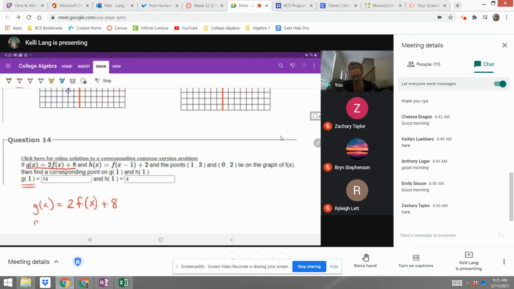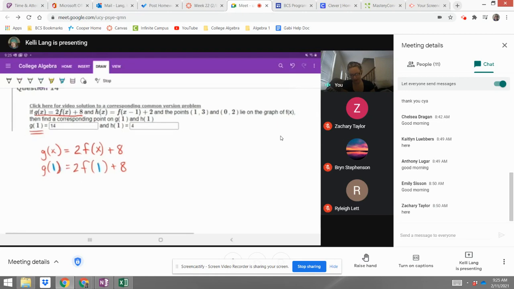So I can write this as g of 1 equals 2f of 1 plus 8. Plugging 1 in for x just means replace all your x's with 1's. At this point, we're kind of stuck. We can't really simplify this anymore given the information we've pulled out of the problem. So let's see if we can find some information about f.